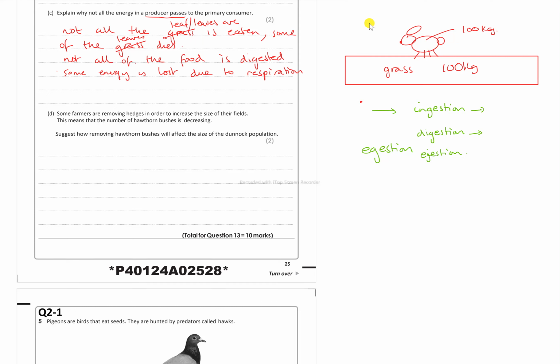So that's energy for movement, keeping the body warm. So remember, some is lost through respiration, some is lost through movement, some is not ingested, not all of it's eaten, and some of it dies. So those are the main reasons.